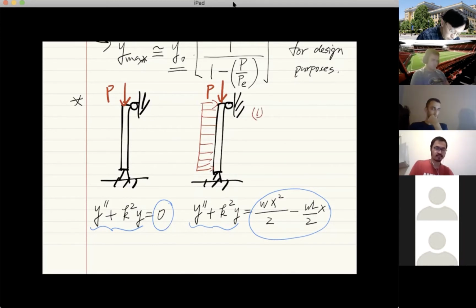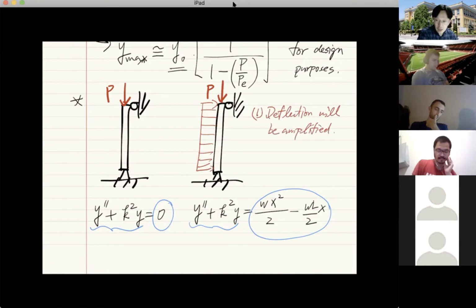First, deflection, not just the maximum, right? Deflection will be amplified in beam columns compared to the buckling of columns.